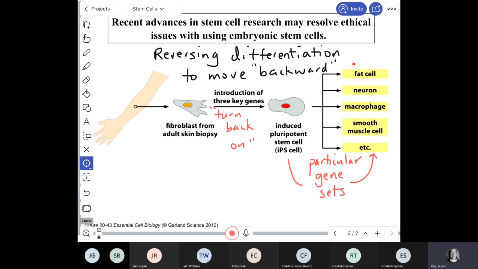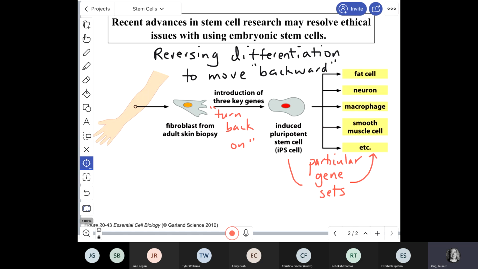So by using this process, we can move toward rebuilding new tissues for people who may need them in a therapeutic sense. There aren't that many people suffering from lack of fat cells and needing those in a therapeutic sense, but being able to regrow neurons or being able to regrow muscle is really a big deal and would help a lot of people.